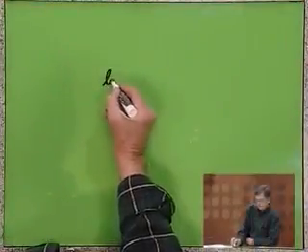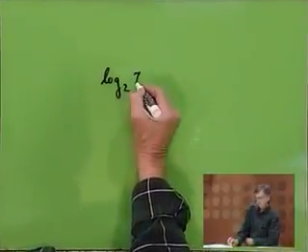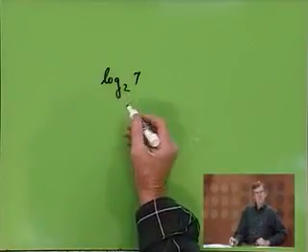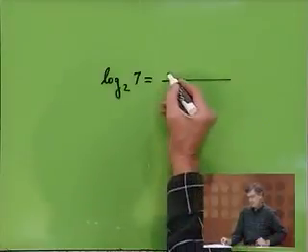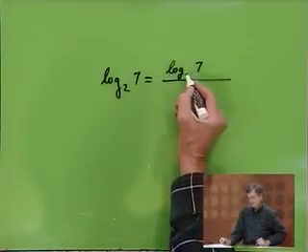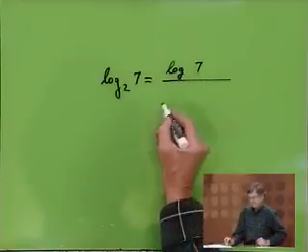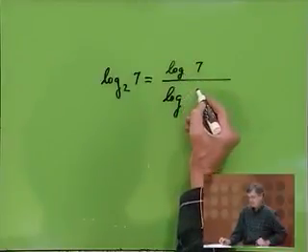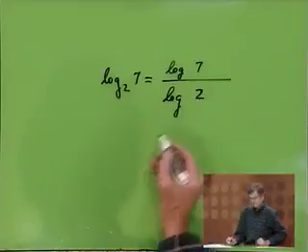For example, suppose you wanted to find the log base 2 of 7, but you go to your calculator, you don't have a log base 2 button. So what you would do is use the change of base formula that says you can write log base 2 of 7 using any other base, say base 10, log 7, but then you have to divide by that same logarithmic base of the old base 2. So the log of 7 divided by the log of 2.